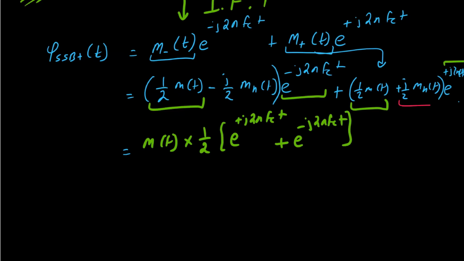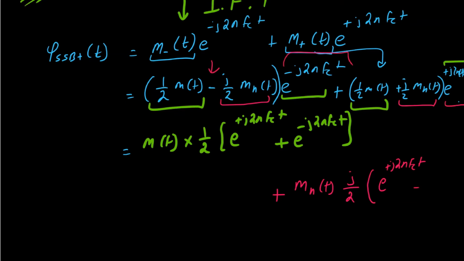Then we can also combine these two terms. So we would have a plus m h of t, j by 2 e to the power plus j 2 pi fct from here, and then from here with this minus sign we have a minus e to the power minus j 2 pi fct, right?